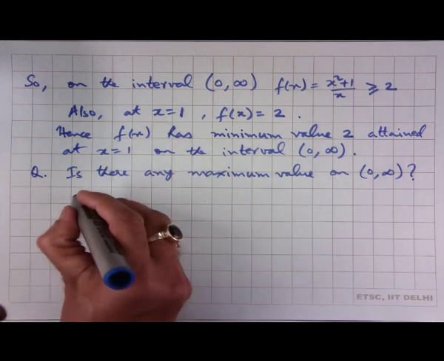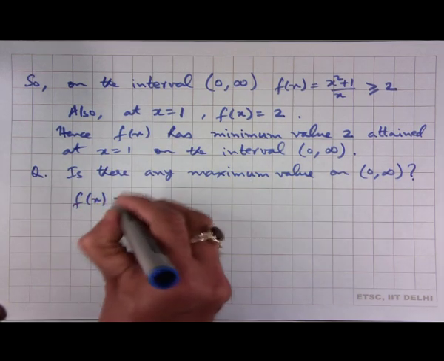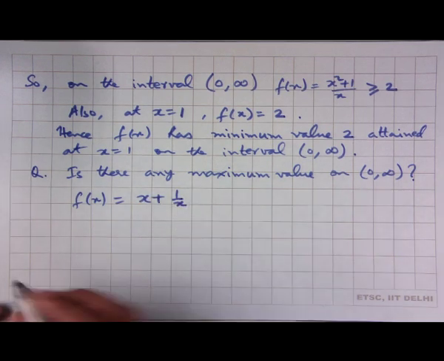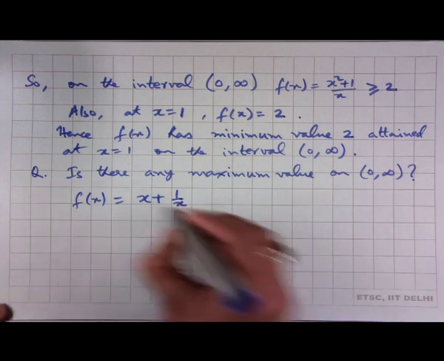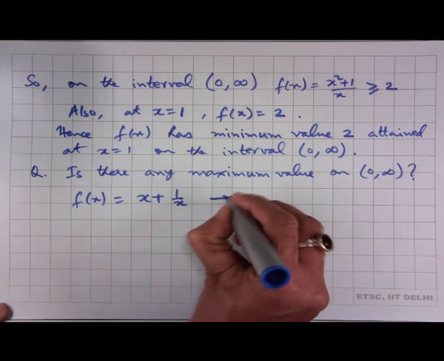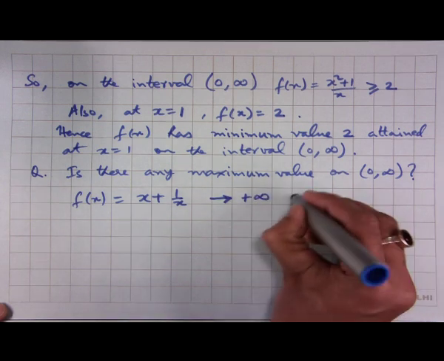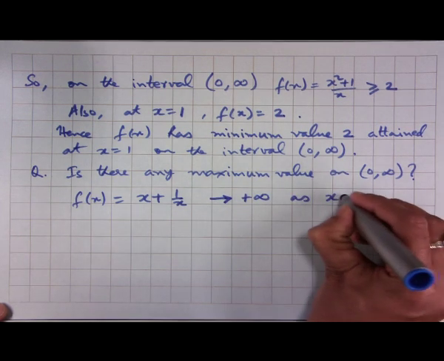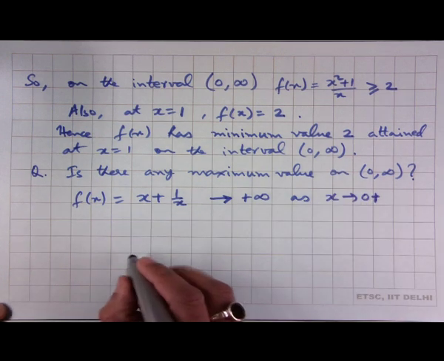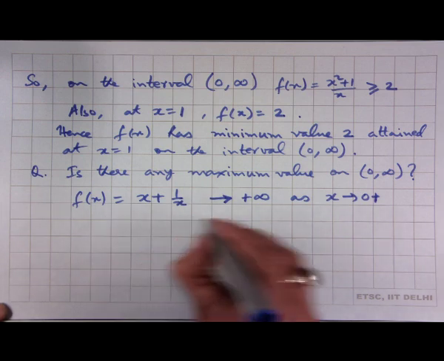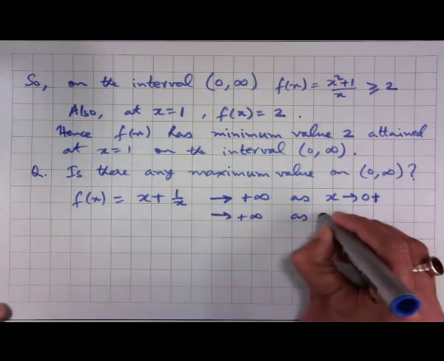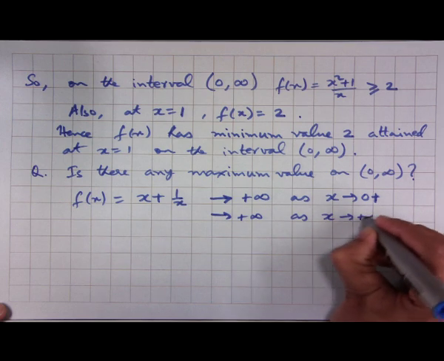If you see this function f of x equal to x plus 1 by x, note that this function goes to positive infinity as x goes to 0 plus, and also this goes to positive infinity as x goes to positive infinity.